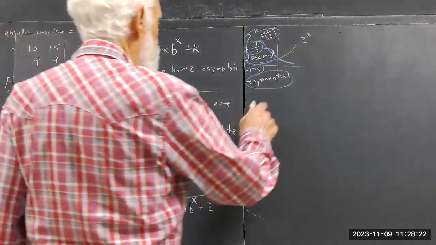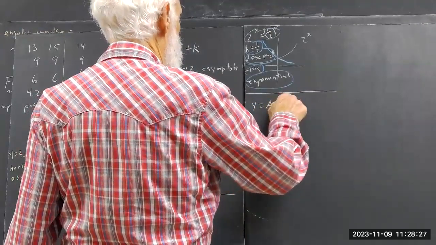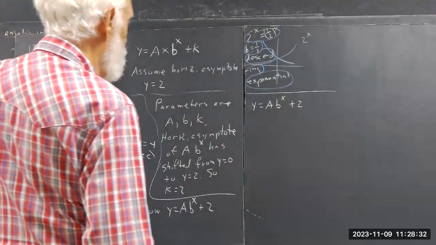Okay, so we have y equals a b to the x plus 2.